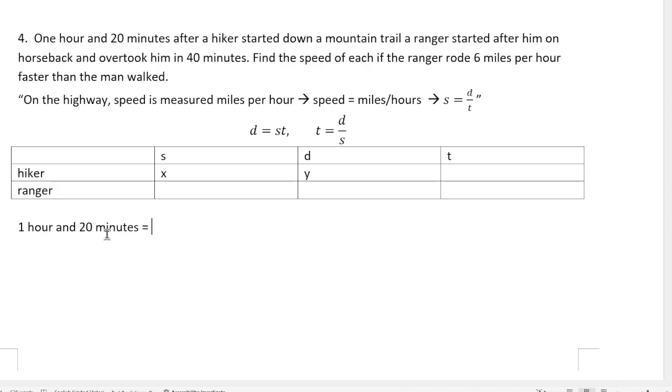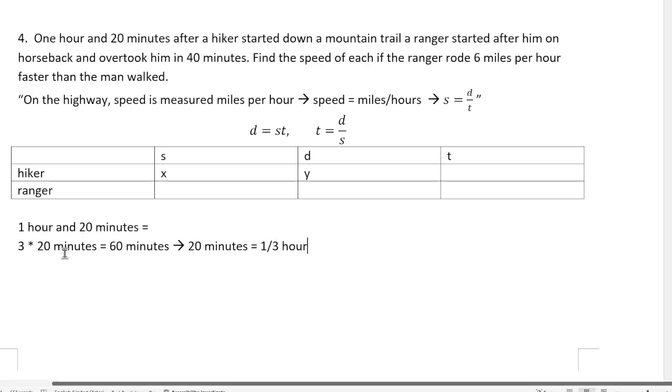Well, see, one way to think about it is 3 times 20 minutes gives you 60 minutes, right? So that means 20 minutes is a third of an hour, because 60 minutes is 1 hour. It takes three 20-minute chunks to give you an hour, so 20 minutes is 1/3 of an hour.